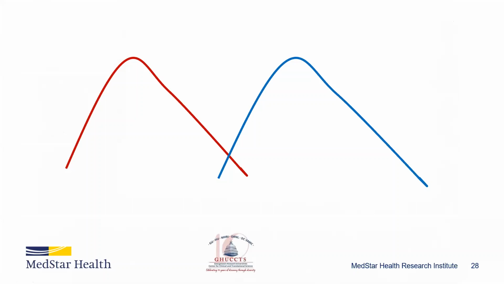And if you get distributions that look like this, then you're in big trouble, because that means your propensity scores are not really identifying patients that are similar in most every way, or in a lot of ways. So this is why it's necessary to look at the propensity score distributions and compare those.